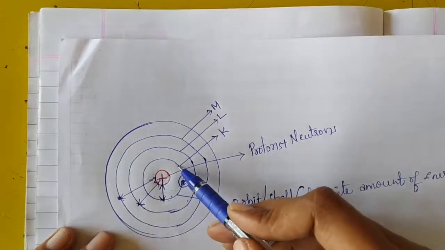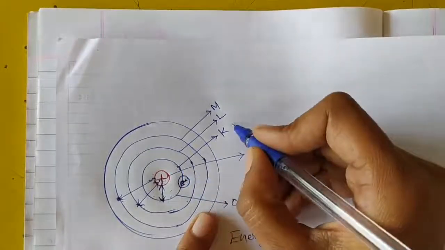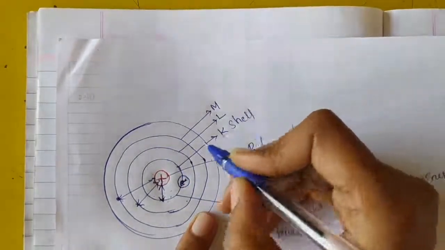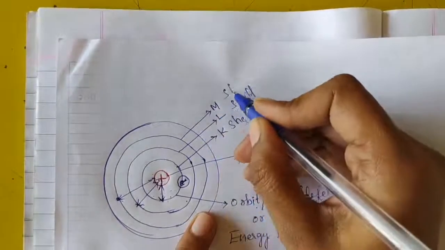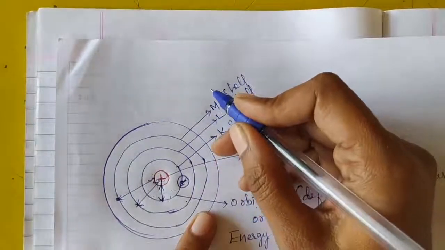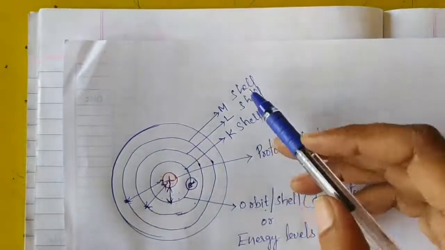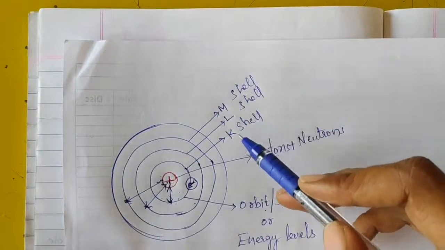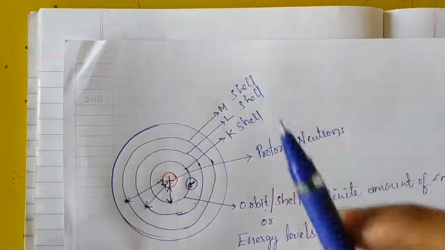So we will start with this orbit. This orbit is known as K shell. Next one is known as L shell. Next one is M shell. Next one N, O, like that.